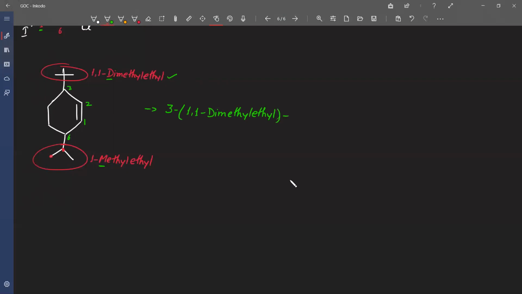Are you also writing these names? Okay. So that is the correct name.